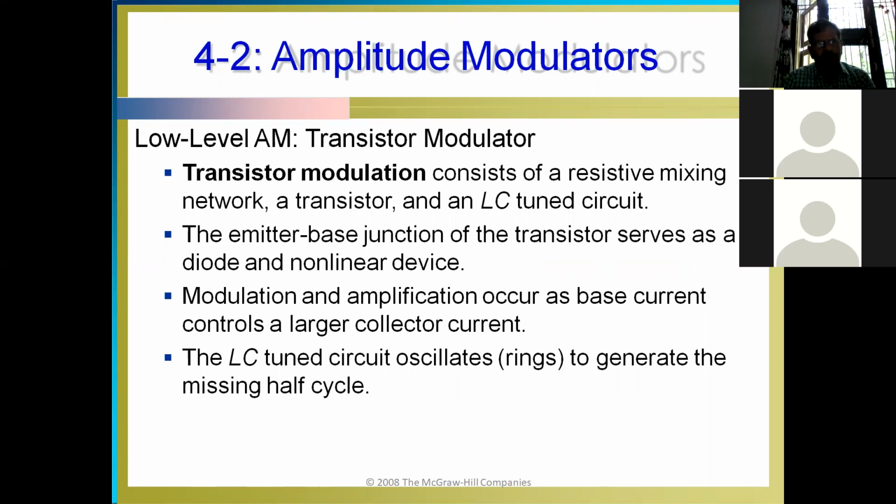The second low level modulator is the transistor modulator. First is the diode modulator, second is the transistor modulator. A transistor modulator consists of a resistive mixing network, a transistor and an LC tuned circuit.